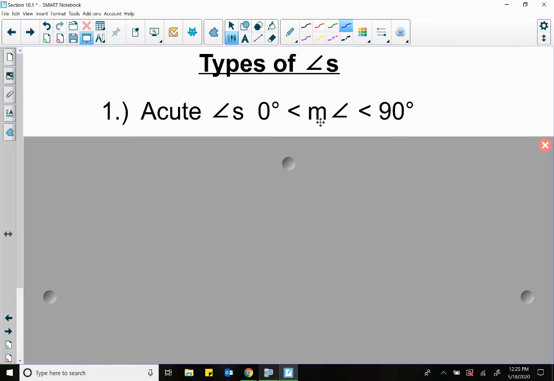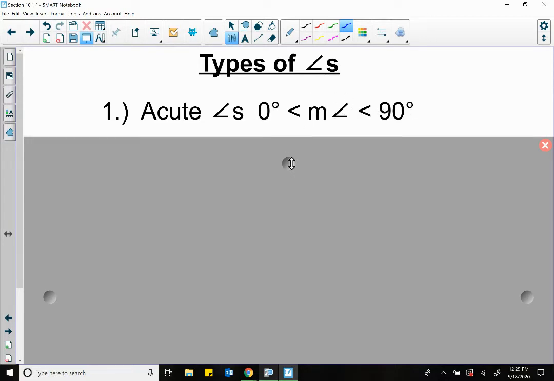So if I have an angle that measures 12 degrees, that's an acute angle. And an angle that measures 30 degrees, that's an acute angle. If I have an angle that measures 0 degrees, I know that seems weird, but that's not an acute angle because 0 is not a part of this. You are between these two values.